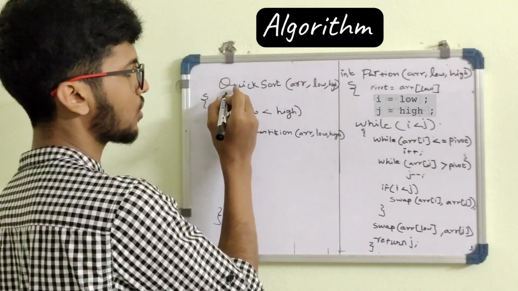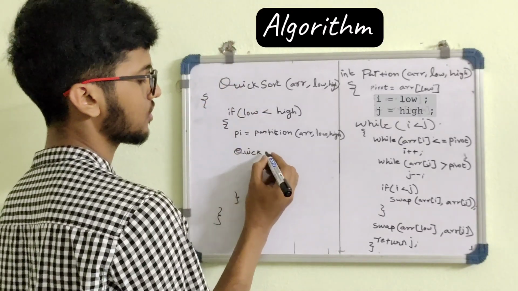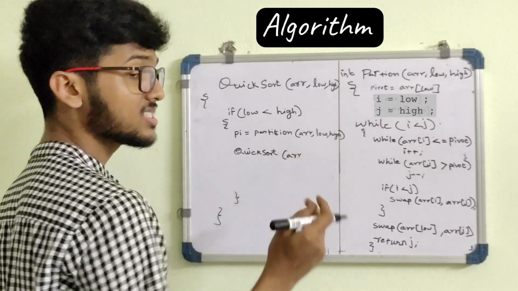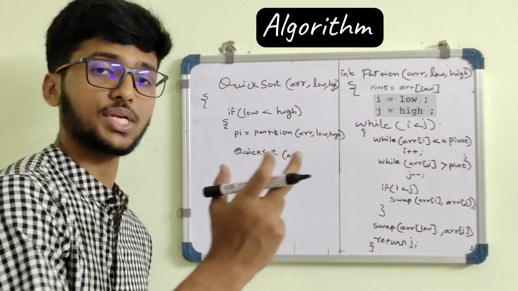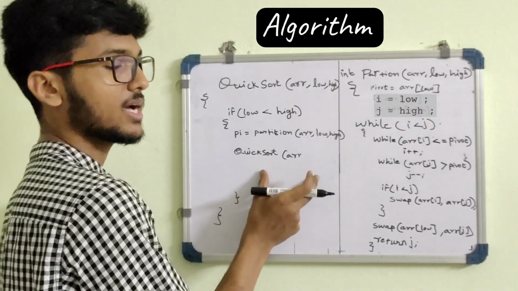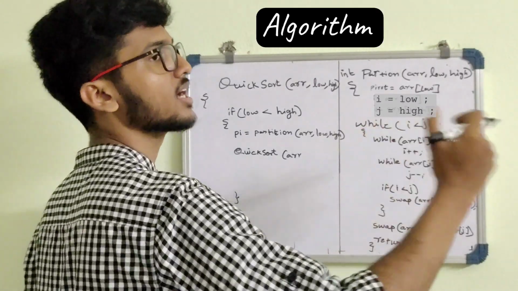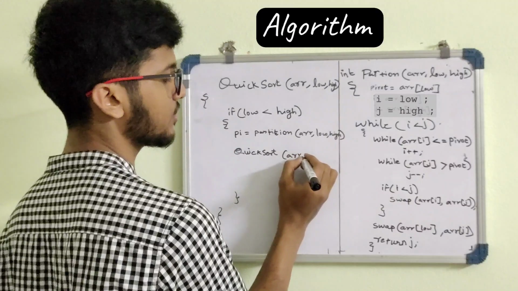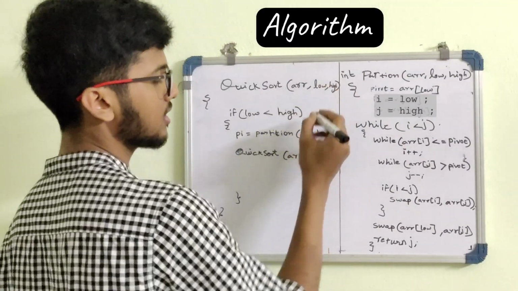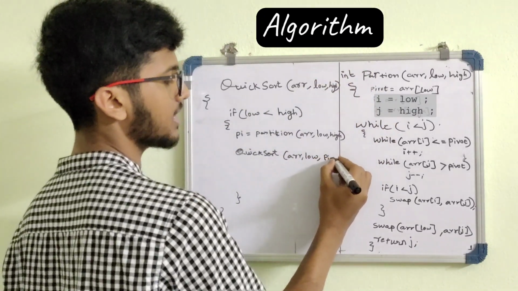Again, we are going to call this quicksort function recursively. Quicksort of array. So what is the part that we have called? If you recall, the partition from the lower bound to the partition index minus 1 and partition index plus 1 to the higher bound. So that's what we are going to do here. Low to partition index minus 1.